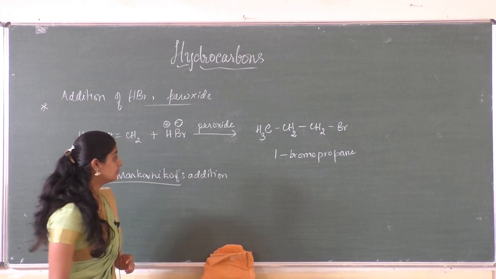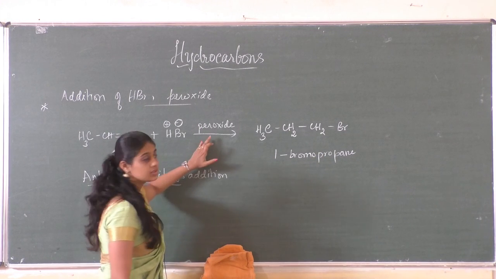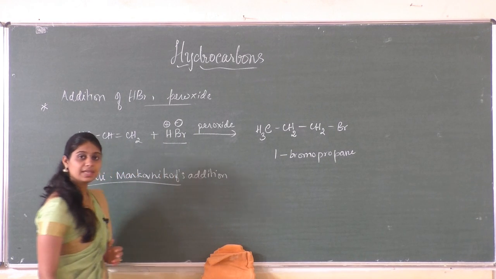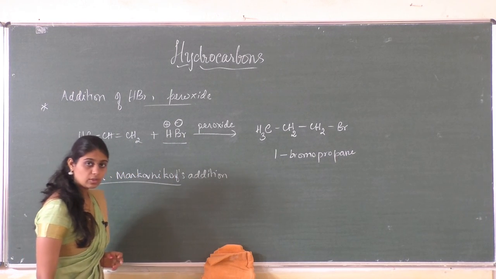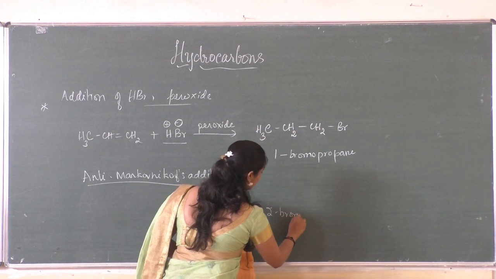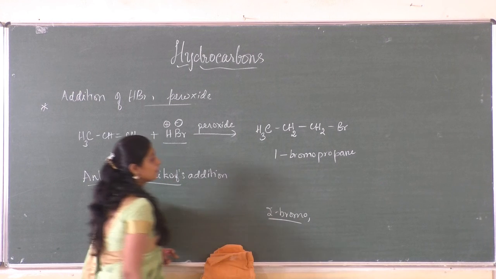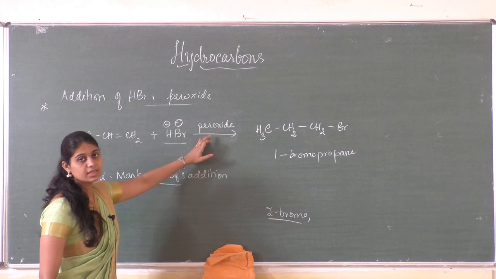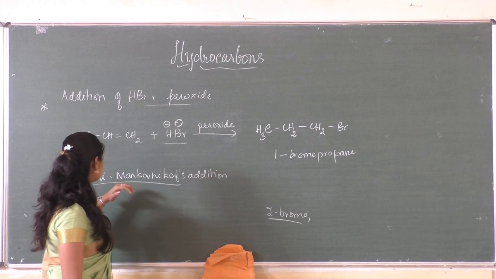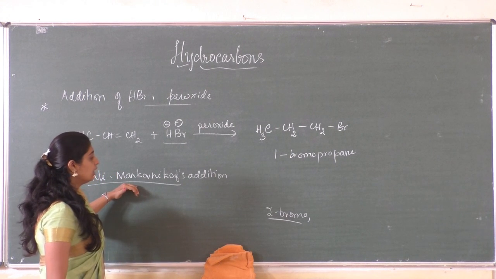In the absence of peroxide, the addition of HBr takes place according to Markovnikov's rule, where you get 2-bromopropane as the final product. Instead, if you use peroxide, the addition takes place against Markovnikov's rule.